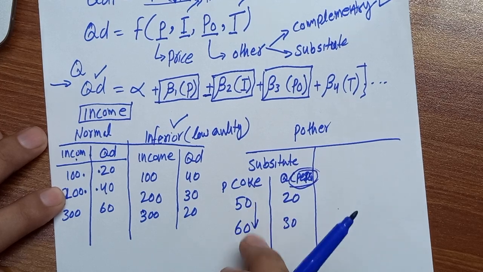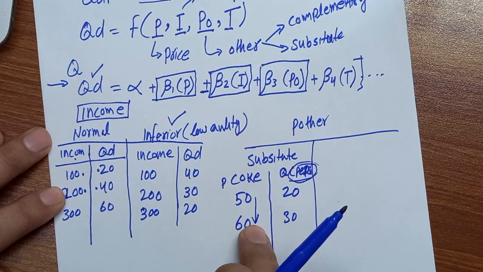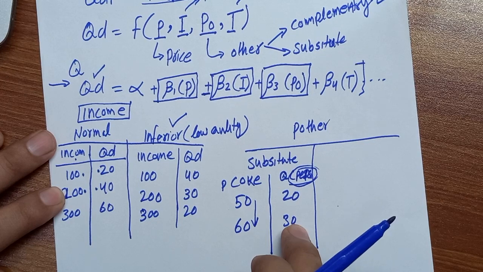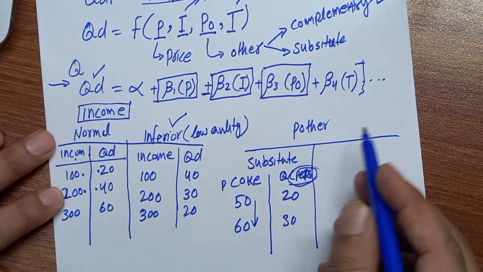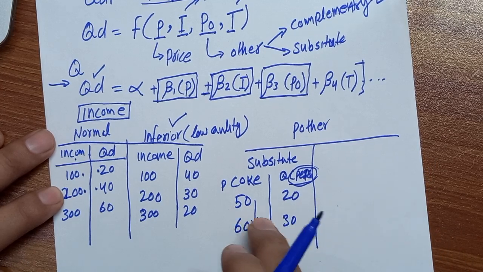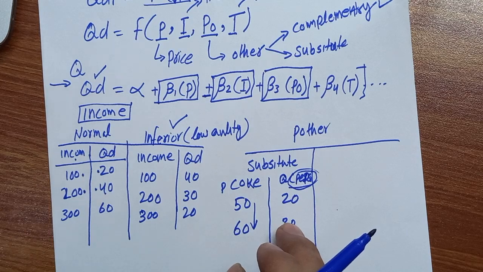So how is it affected? When the price of the substitute increases, the people will buy your product, so your quantity of demand will increase. And vice versa, if the substitute price decreases, the people will not buy your product, they will go for the substitute because it is cheap in the market.